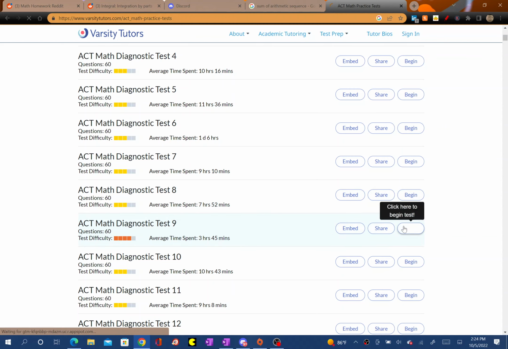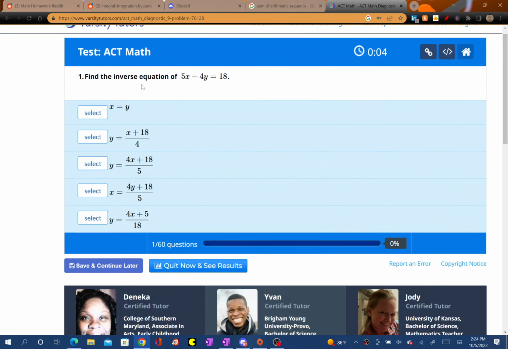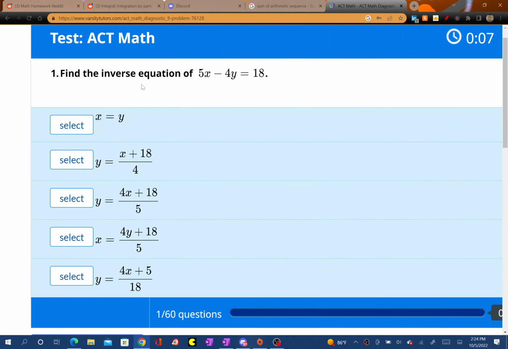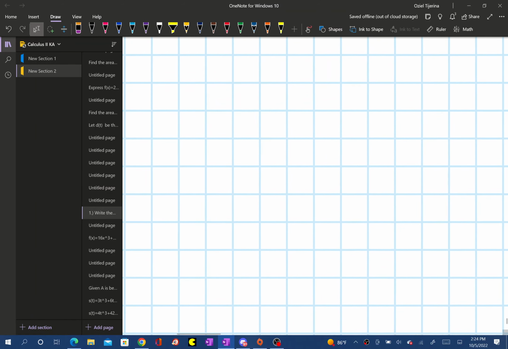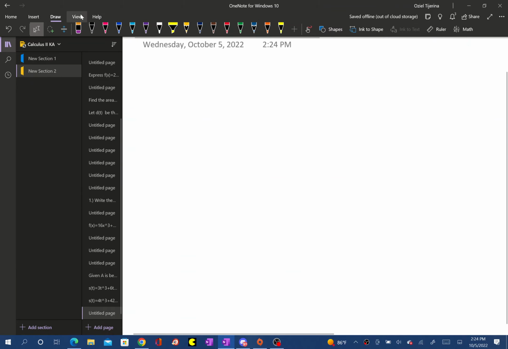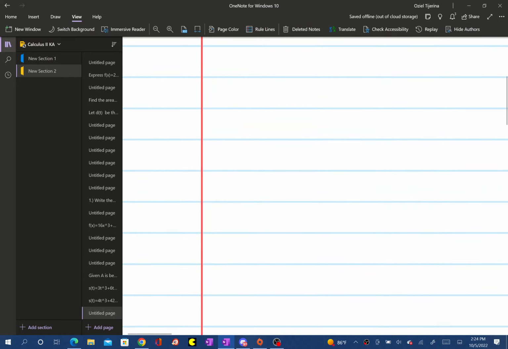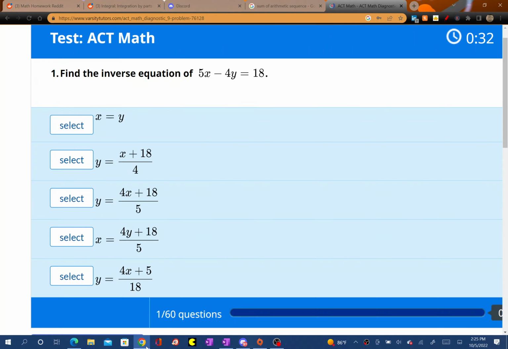Okay, so, alright, so the first question says find the inverse equation of 5x minus 4y equals 18. So let's actually do a new page. I'm going to write my equation: 5x minus 4y equals 18. And I am going to find the inverse.